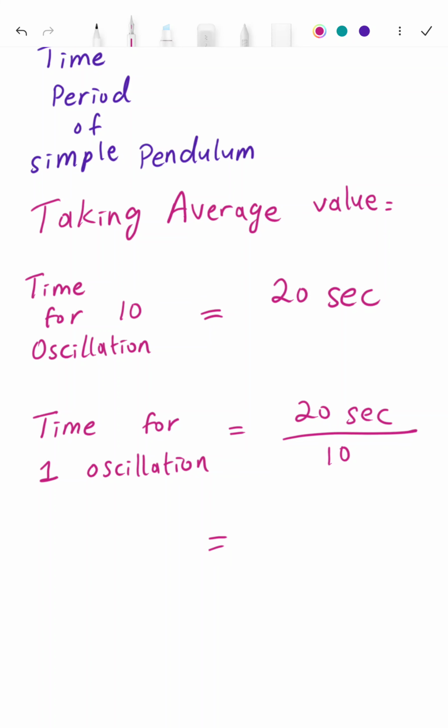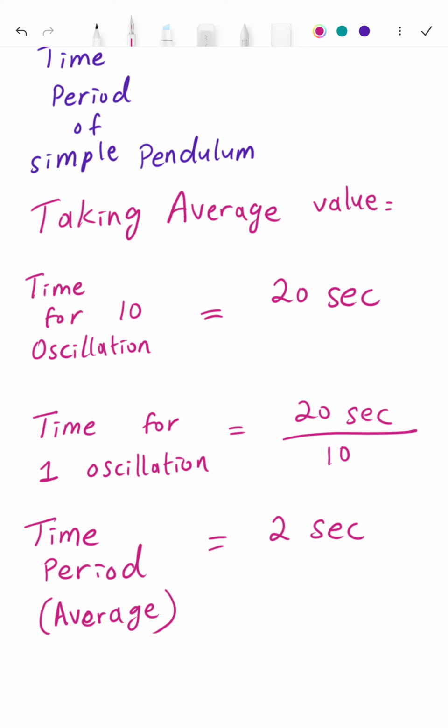So we'll get the answer 2 seconds. This 2 seconds is the time period of a simple pendulum, and it's the average time period, because we have taken an average value which is going to reduce the errors in our answer.